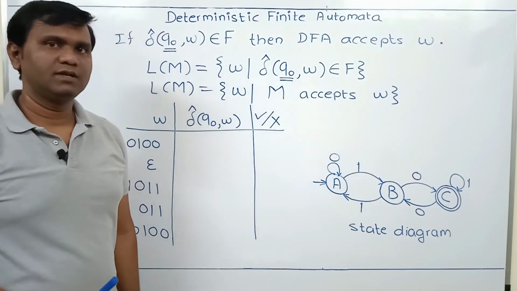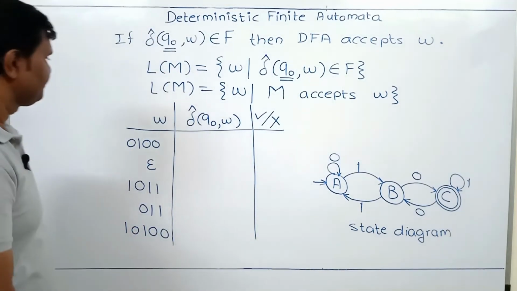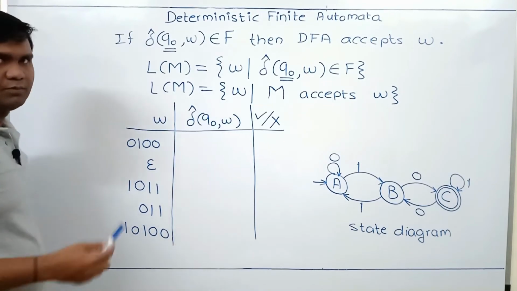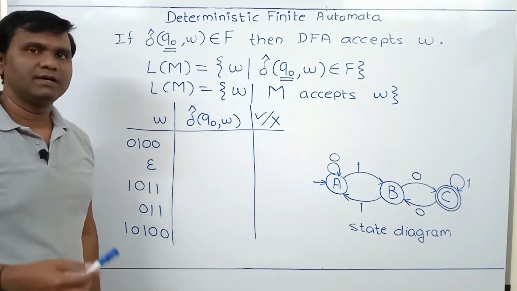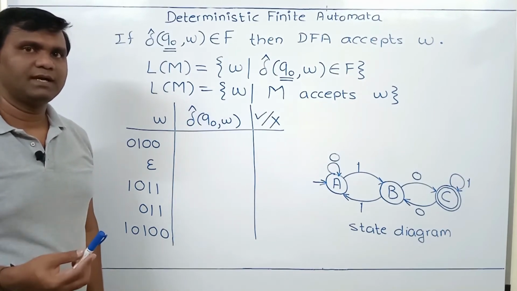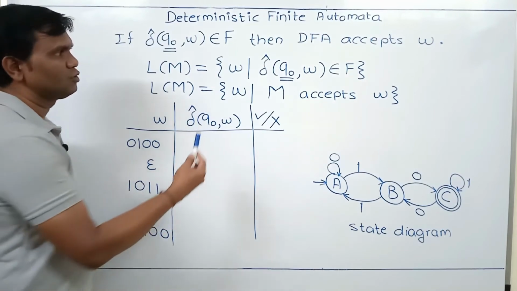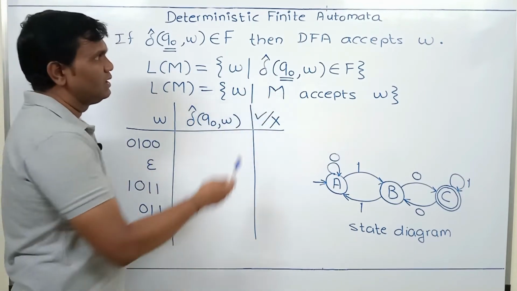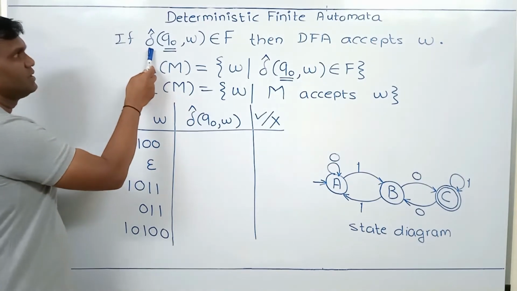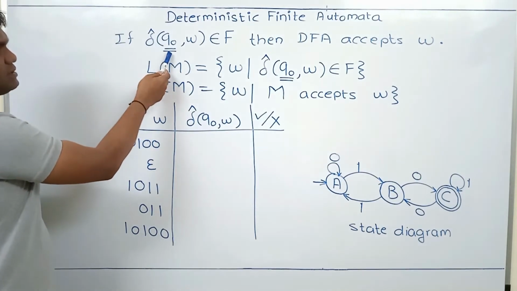Now let's understand using some examples. Here one important thing is that while deciding whether a string w is accepted by DFA or not, you must process string starting from q0. Here extended transition function particularly mentions q0.